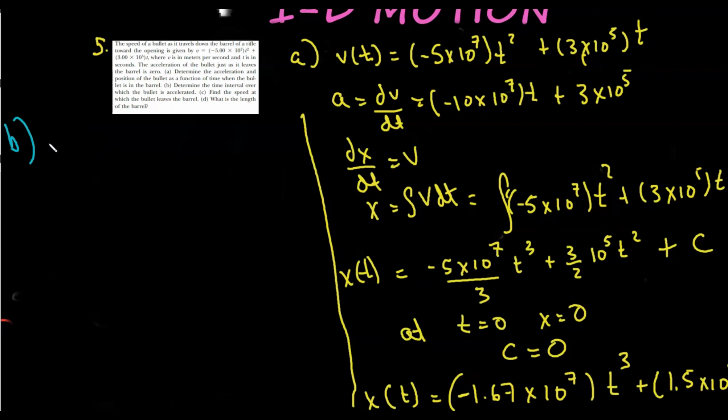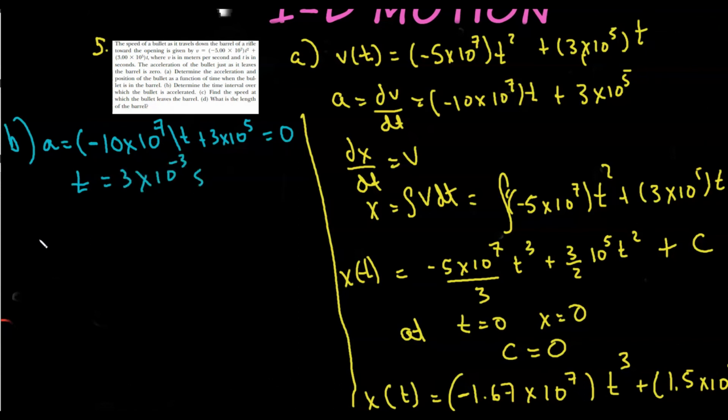If we do that, we'll get the time where the acceleration becomes 0, which is the time interval over which the bullet is accelerated. So negative 10 times 10 to the 7 t plus 3 times 10 to the 5 is set equal to 0, and we end up getting t equal to 3 times 10 to the negative 3 seconds.